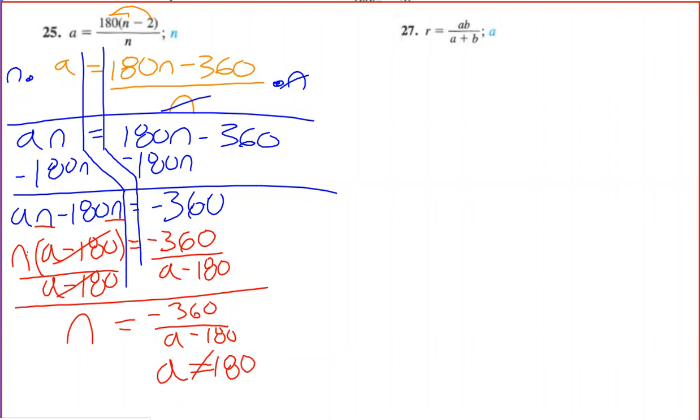For problem number 27, same basic idea. We have A's. We're trying to get the A by itself. So I'm going to rewrite the expression.